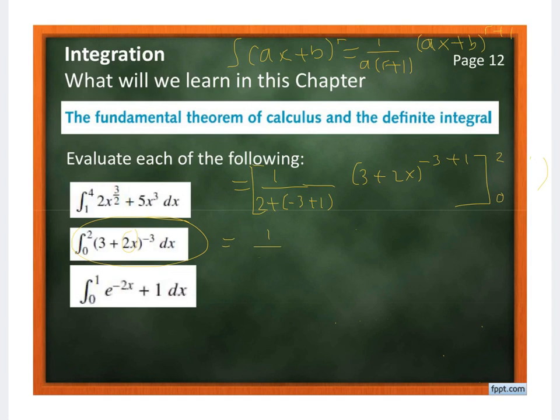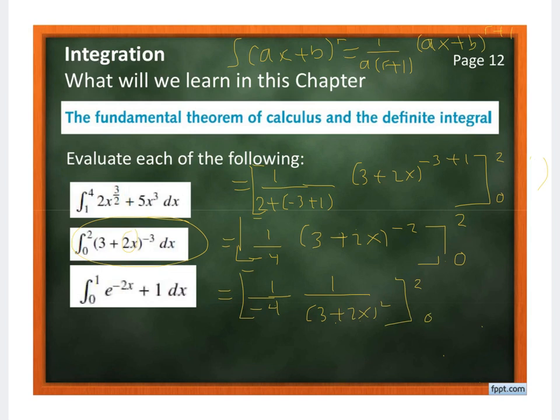So 1/-4, 3 plus 2x, negative 2, 0 until 2, so equal negative 1/4, negative 1/4. This one is 3 plus 2x square to 0.